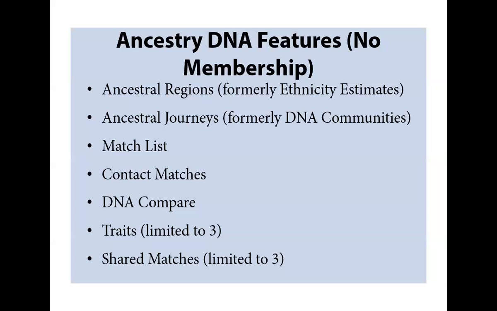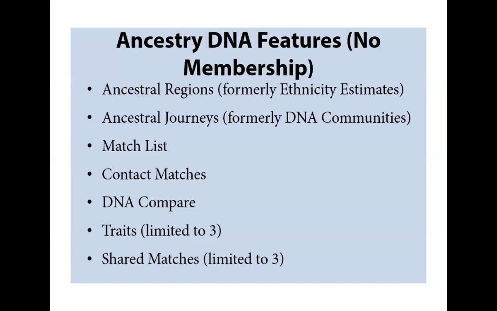So Ancestry over the last year or so rolled out a couple of options that have changed, especially if you've tested previously. If you don't have an active membership with them, there is a membership through a regular family genealogy subscription or a DNA subscription. These are the features you have if you just take the test and you don't opt into any additional features. So you do learn about those ethnicity estimates, which they call ancestral regions.